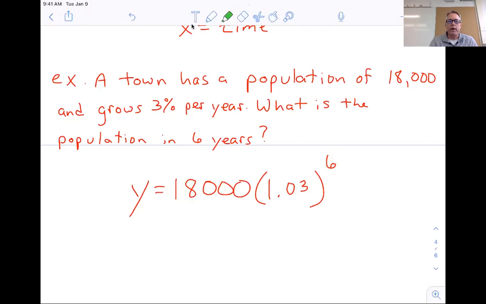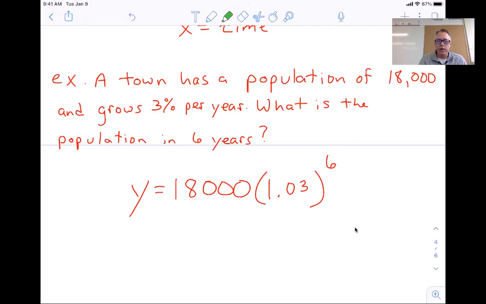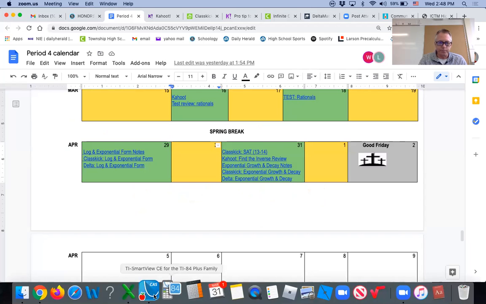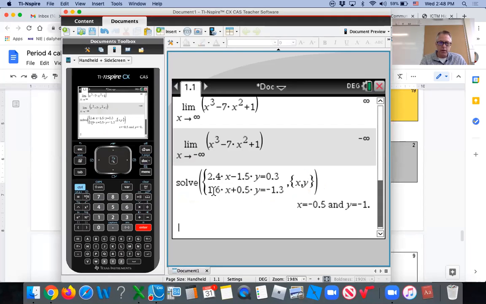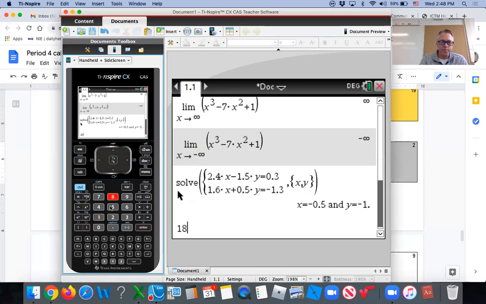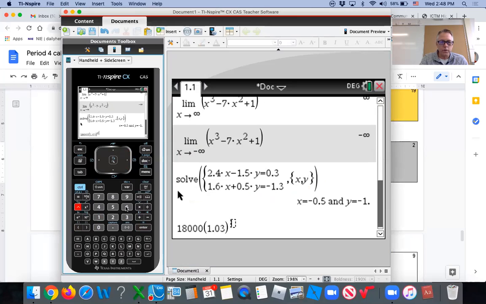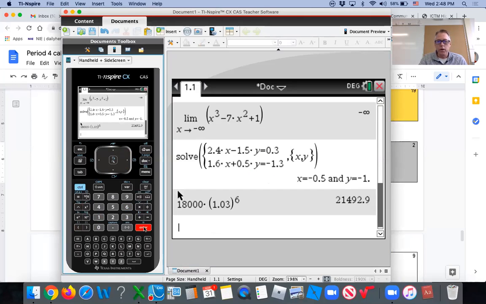So now I'm going to take that and plug it into my calculator. You guys should do the same just to get the practice of hitting the buttons correctly. So I've got 18,000 times 1.03 to the 6th power, hit enter, and I get 21,492.9.